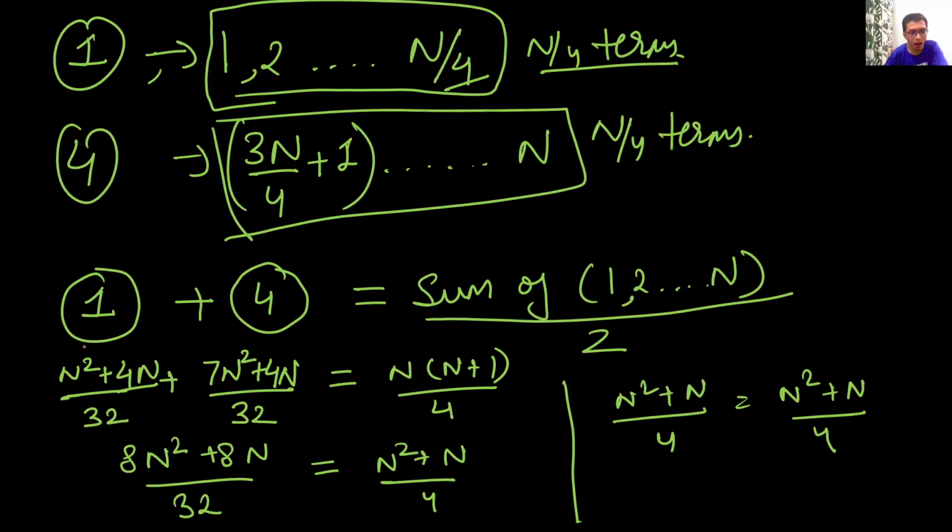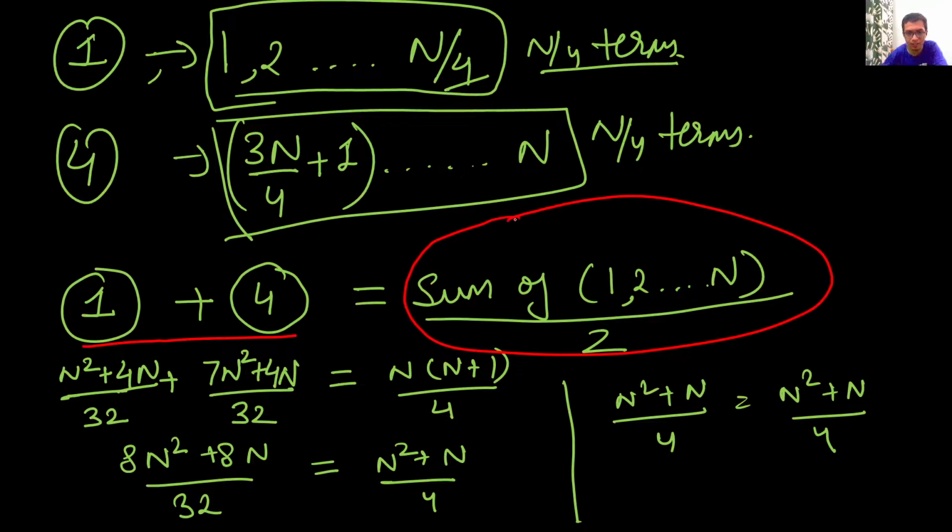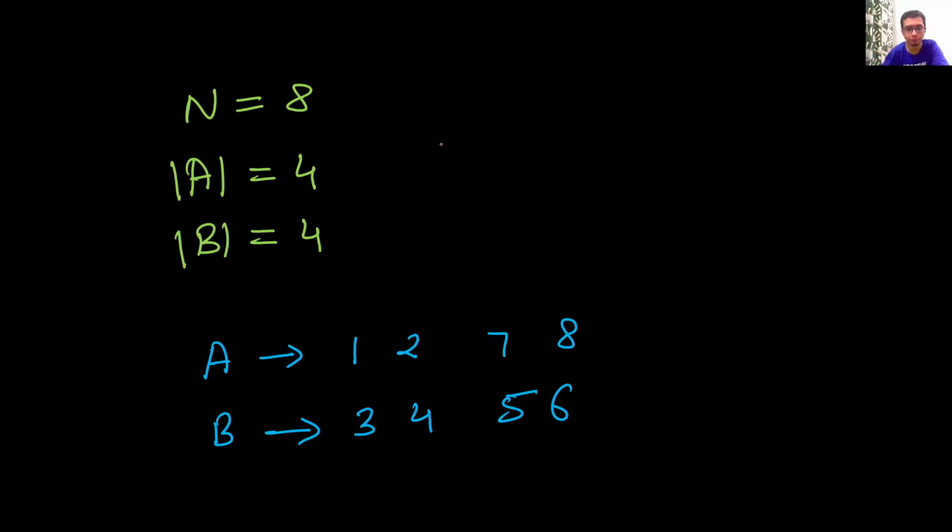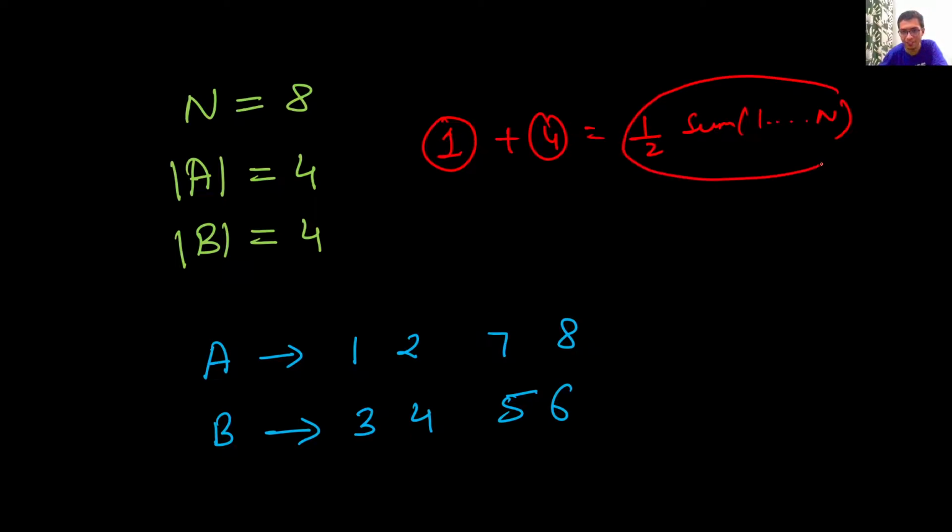So on adding the first part and the fourth part, I'll always get half the sum of elements from 1 till n. If one half is this, then the remaining half would also be half of the sum of elements from 1 till n, and the remaining elements are in parts 2 and 3.